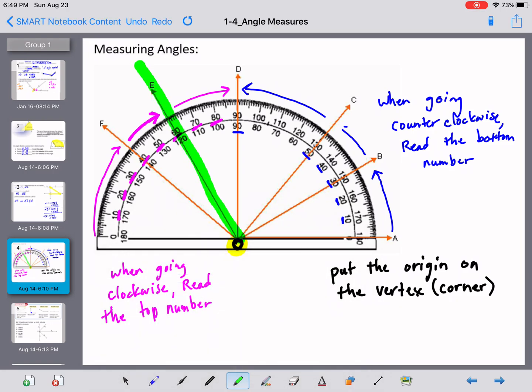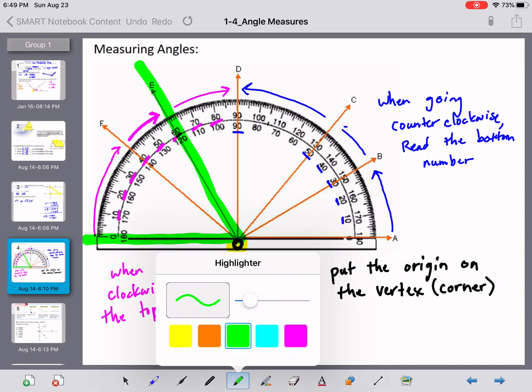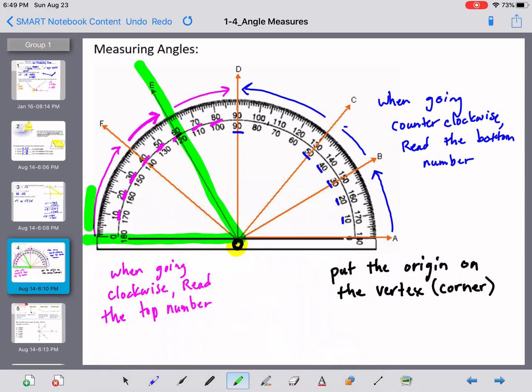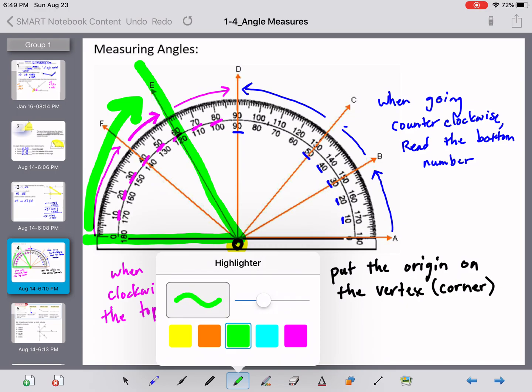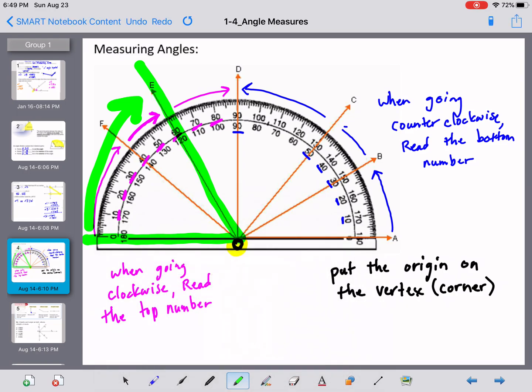I'm at E again, but I want to read that angle. And in this case, I'm reading it this direction. And then I'm going to look, and it would be 60 degrees, okay? So depending on which way the angle is facing determines if you're going to read the top or bottom number.